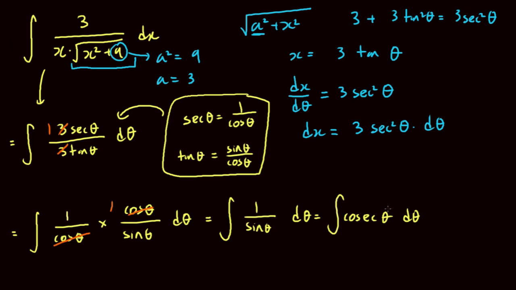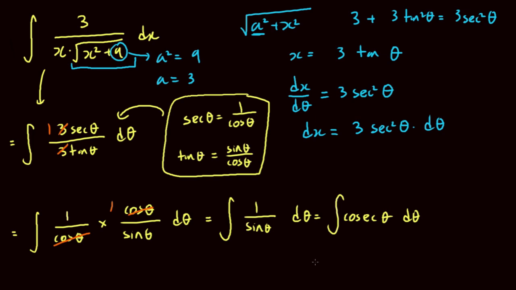Now, here's the interesting part. Cosec theta. Do we have an integral for cosec theta? Let's have a look first, because in our table earlier we have an integral of cosec theta. Oh, okay, we do have an integral, thank God.